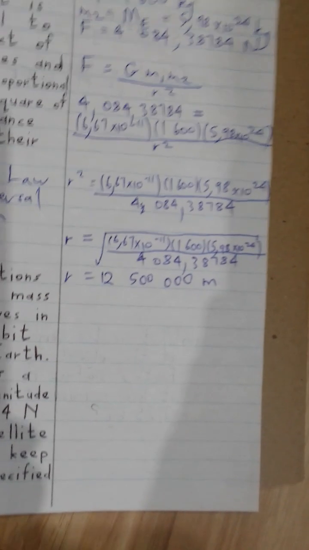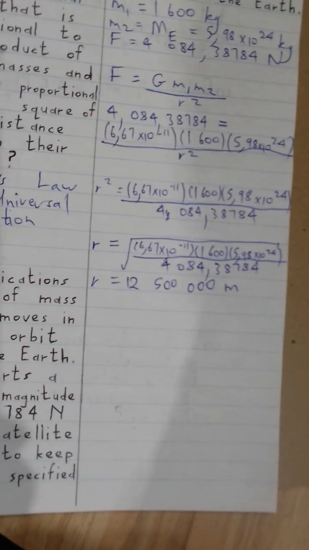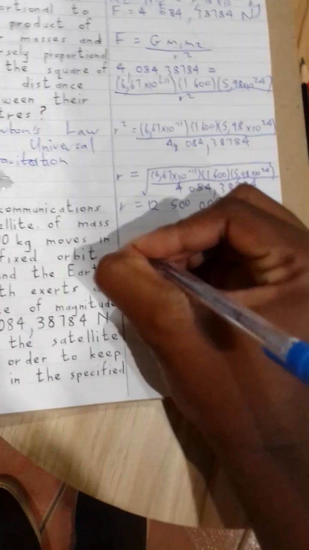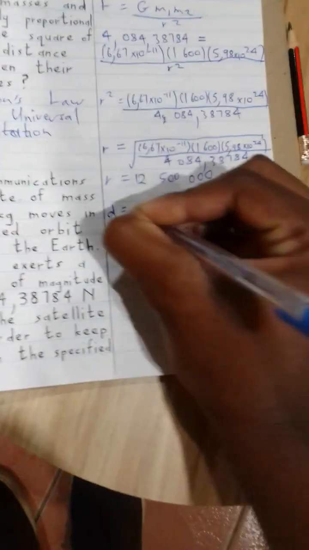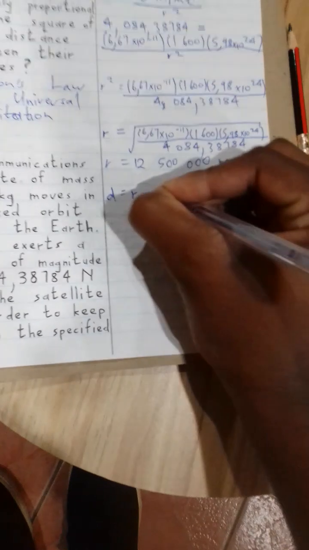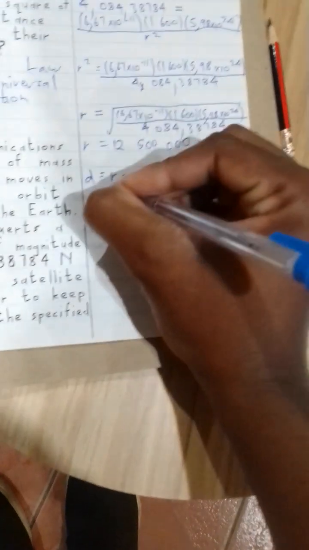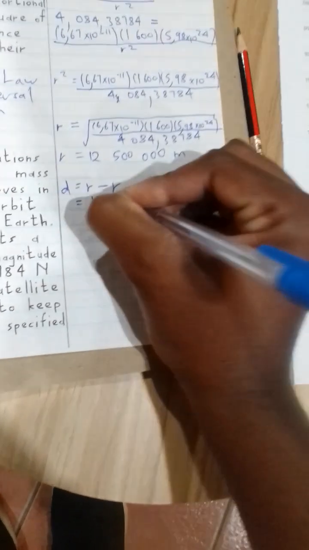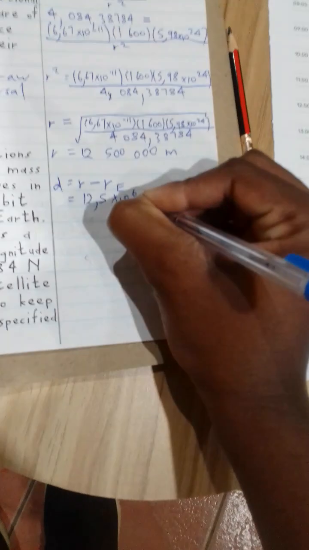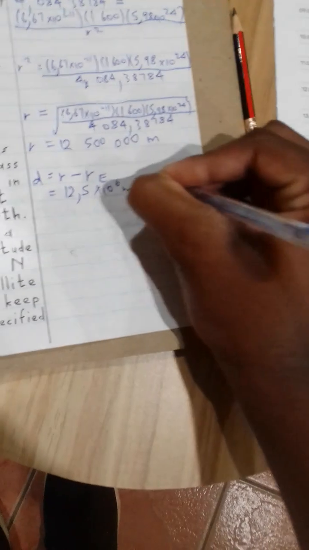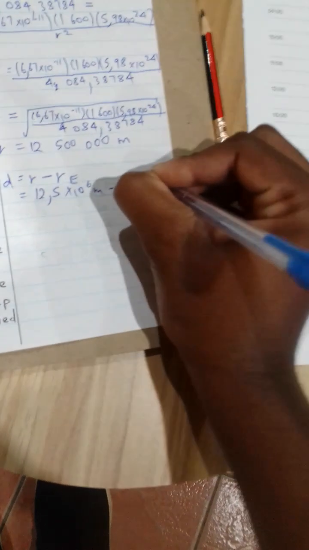Remember, the question states calculate the distance in kilometers of the satellite above the surface of the Earth. So we're going to say distance is r minus radius of the Earth, which is r is 12,5 times 10 to the 6 meters minus the radius of the Earth on my information sheet is 6,4 times 10 to the 6 meters.